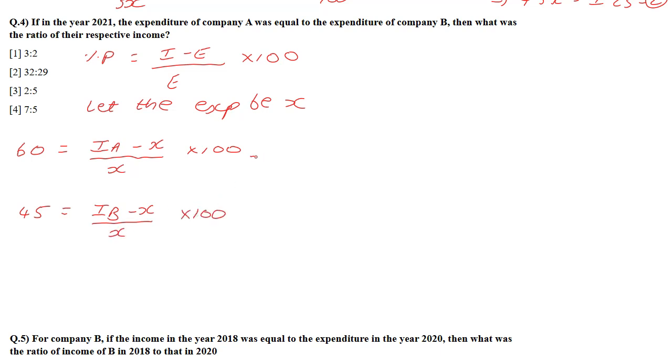And now we simplify both these equations. X over here, division goes that side, it becomes multiplication; 100 over here, multiplication goes that side, it becomes division.